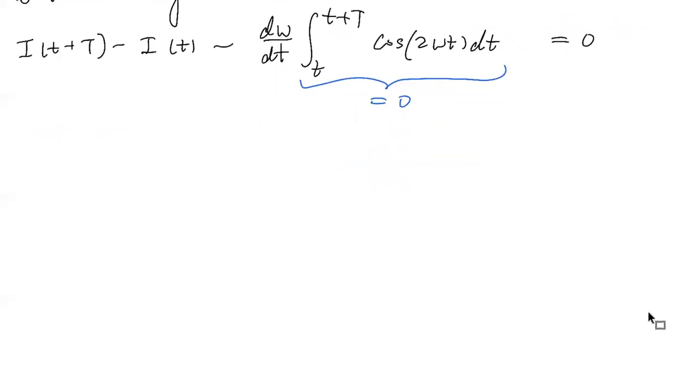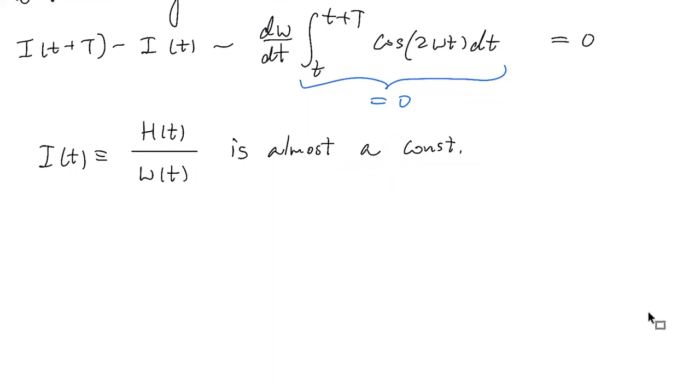That means this quantity, which is defined as the total Hamiltonian over omega, is almost a constant.